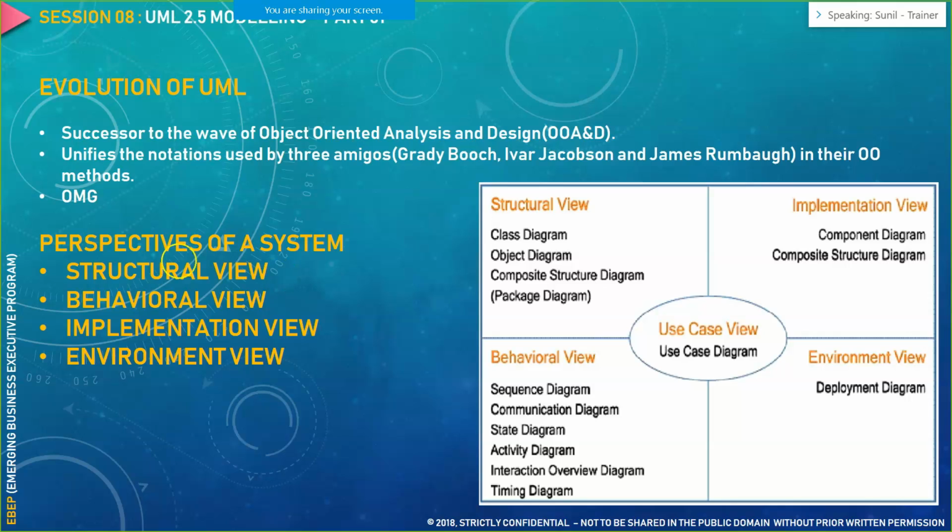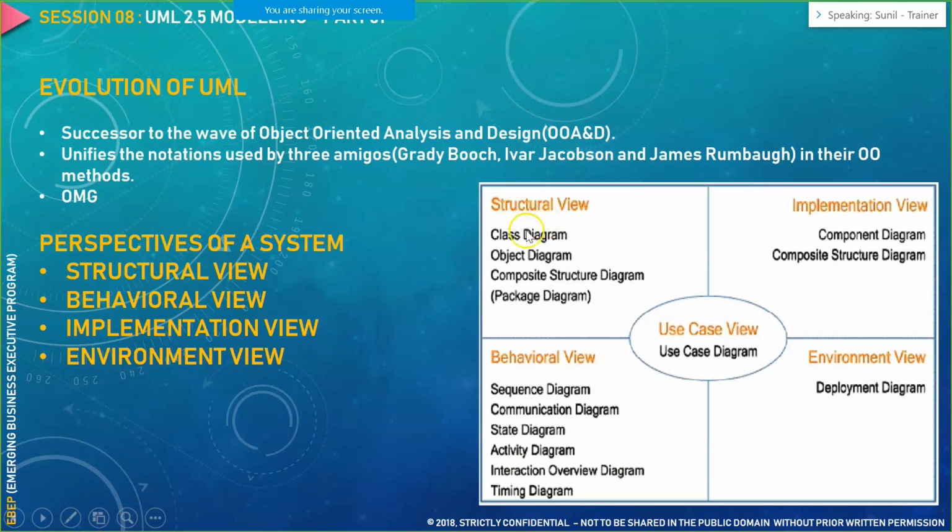Now UML essentially takes all those properties of object-oriented analysis, the classes and objects, the inheritance, the polymorphism, and the encapsulation aspect, and on that basis it creates your pictorial representation. Now, when you talk about the perspective of a system, the system essentially has these four perspectives: the structural view of a system, the implementation view of a system, the behavioral view of a system, and the environmental view of the system.